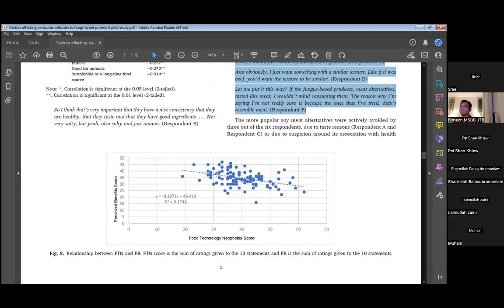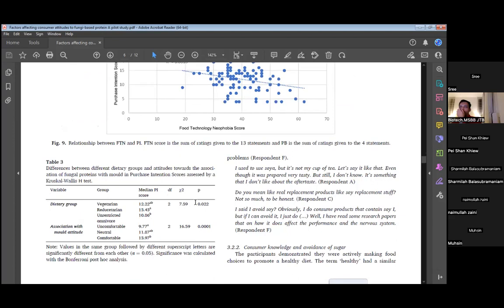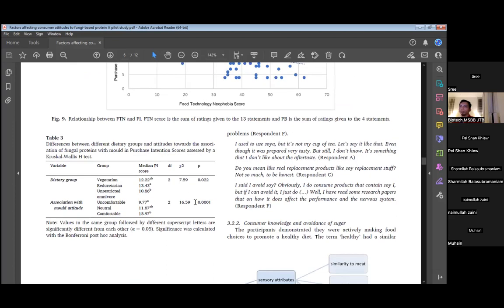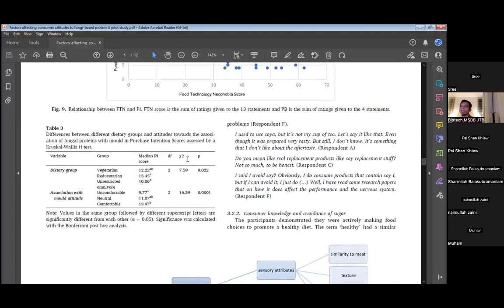You can see how they tabulate, and based on this tabulation, we can see the food technology neophobia score falls in what range, right? Mainly in this particular part, for this particular benefit score. Okay. Right, so this is the p-value, this is chi-square, right?